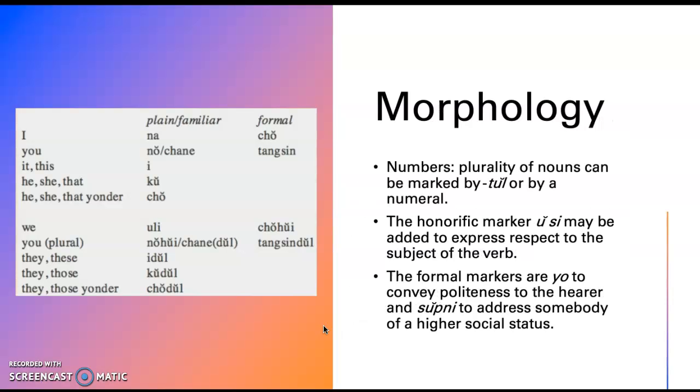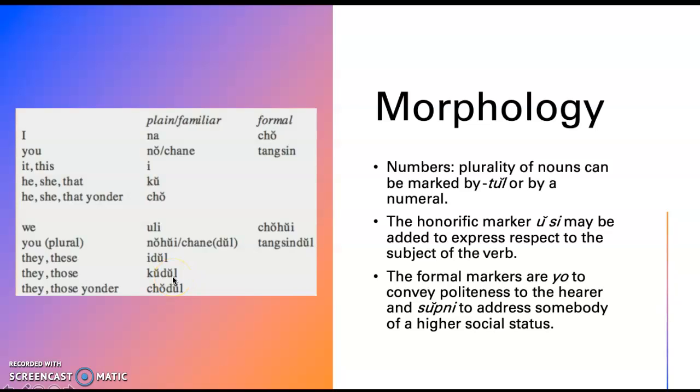Morphology. Numbers. Plurality of nouns can be marked by tul or by a numeral. So for example, on the left-hand side, we have a picture. We have singulars on the top and then plural at the bottom. So just going straight across, he, she, that is KU with the symbol. They, those, KU with the symbol, with the ending DUL with the symbol.